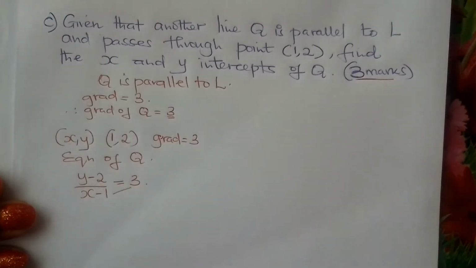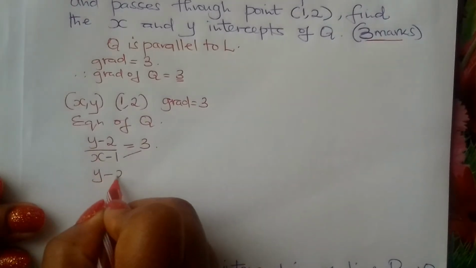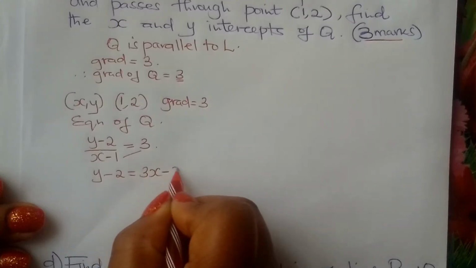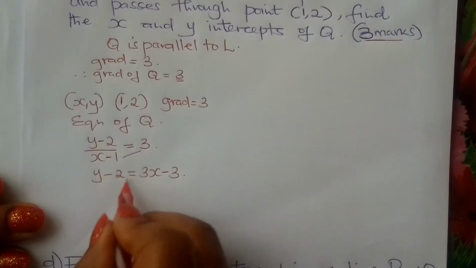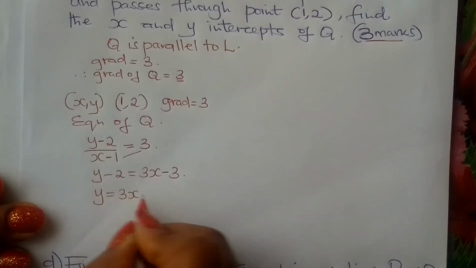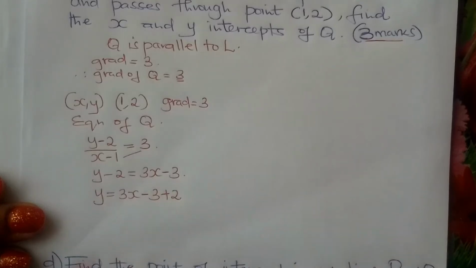Cross multiply. Cross multiplying, learner, we get y minus 2 is equal to what? 3x minus 3. Take minus 2 to the other side. You get y is equal to 3x minus 3 plus 2.